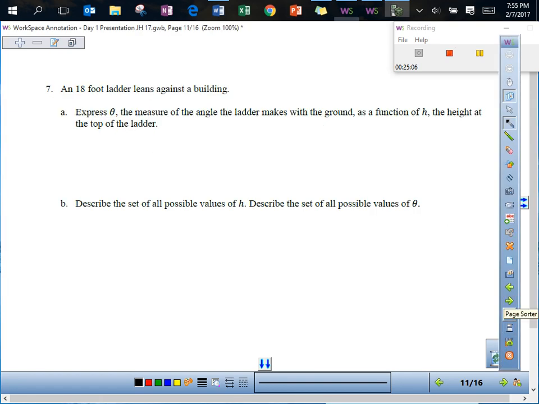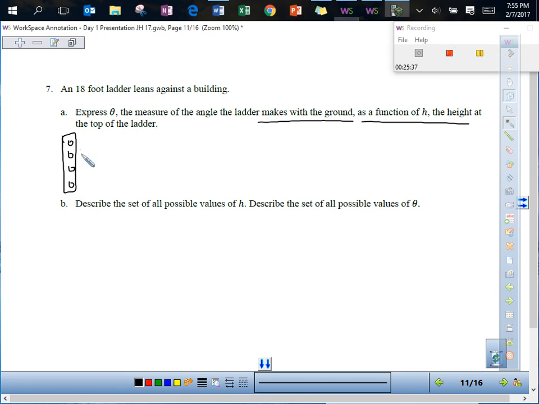And then guys, look at your number 7 if you would, before I move on to the tangent. It says an 18-foot ladder leans against a building. Express theta, the measure of the angle the ladder makes with the ground, as a function of h, the height of the top of the ladder. Well, here's what I got going. I have some building right here. Those are supposed to be windows or something.